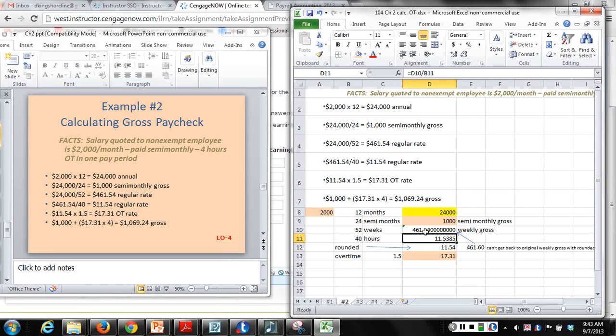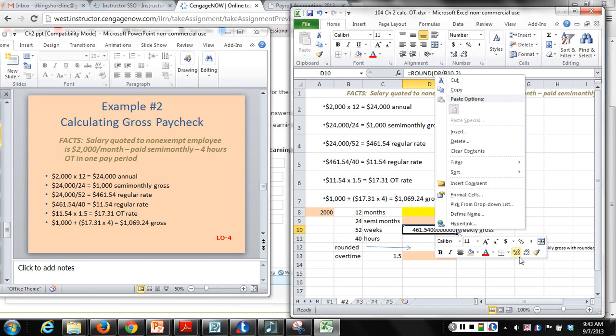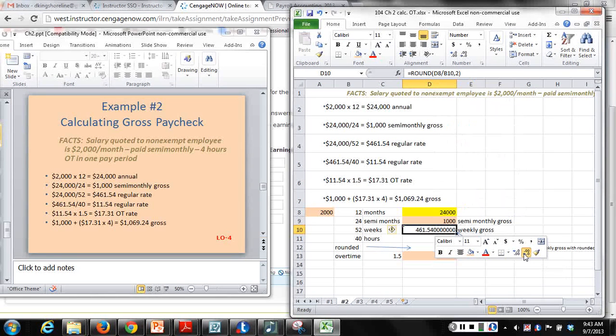Now I've told Excel to show me lots of decimal places, and I can fix that. I can decrease those. I can get those back down to where it's just showing where it's rounded to. So again, don't be misled by what you see in Excel. Investigate and see what really is the number underneath, because you can carry a rounding error to your final answer and be wrong.